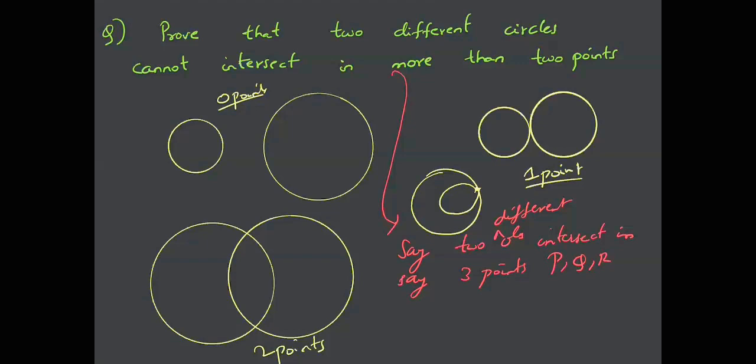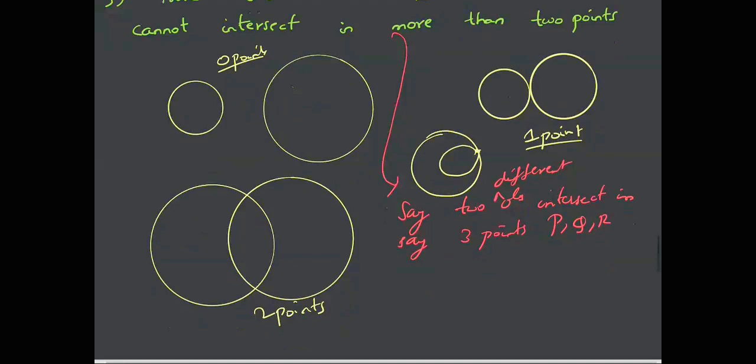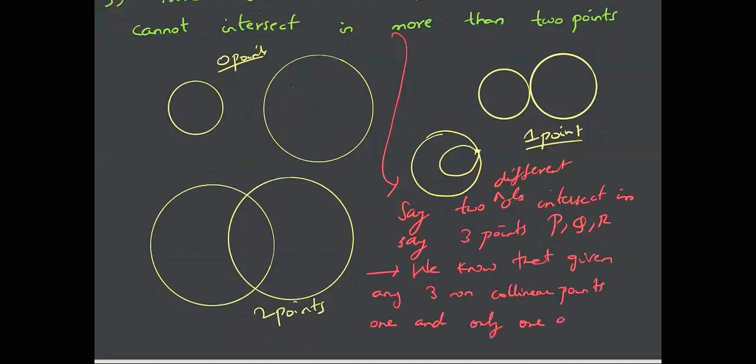But we know that given any three non-collinear points, one and only one circle can pass through them. One circle can pass through them, right?